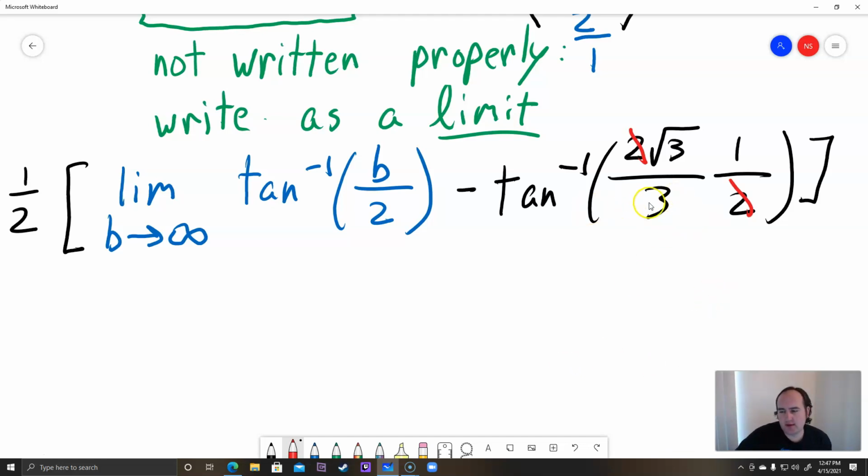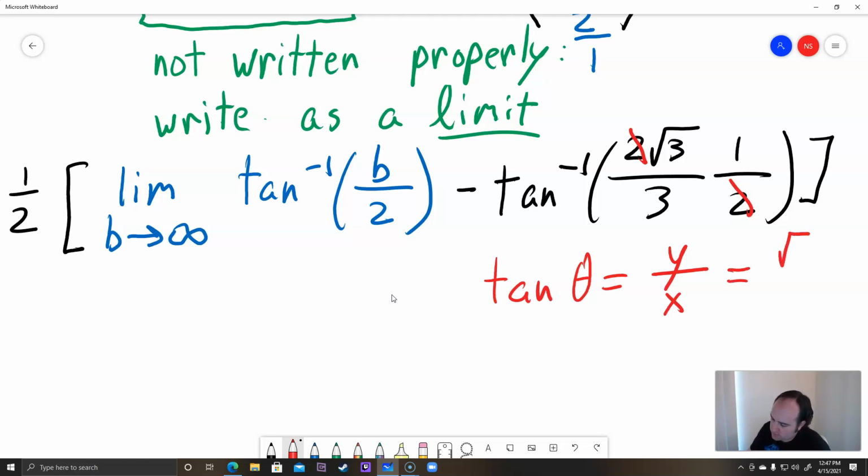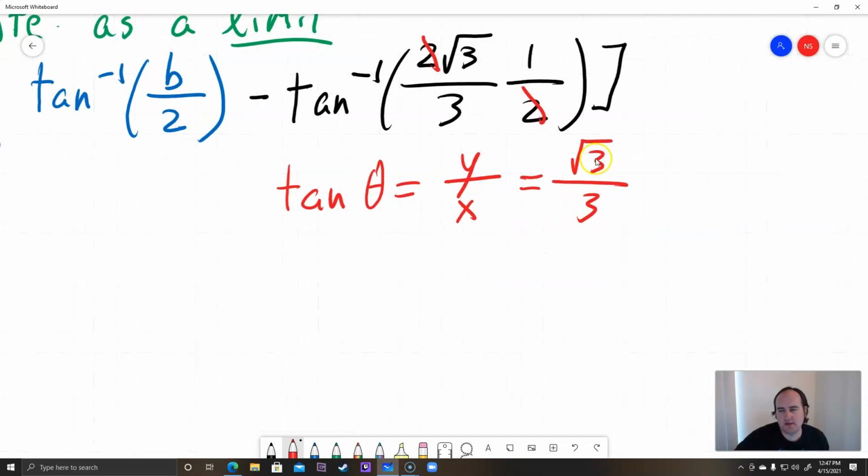So we can do the right part using a unit circle. For tan inverse of root 3 over 3, remember that tangent of theta equals y over x. And here that's equal to root 3 over 3. But remember, root 3 and 3 are not really things that show up on the unit circle. So you can divide the top and the bottom by root 3 to make it more like something that would show up on the unit circle.